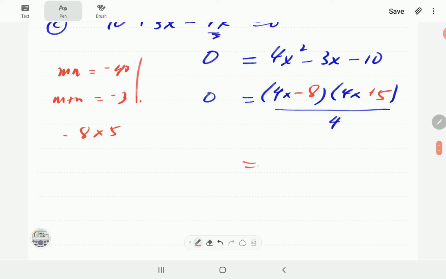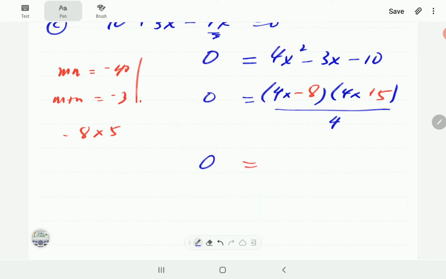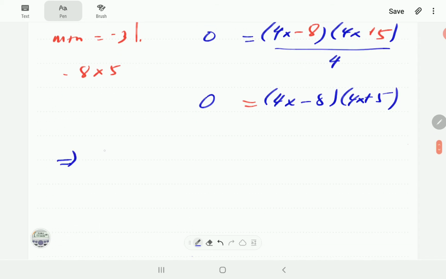If we take 4 to the other side, then this is going to be 0 equal to 4x minus 8, 4x plus 5. Then either 4x minus 8 is 0 or 4x plus 5 is 0.